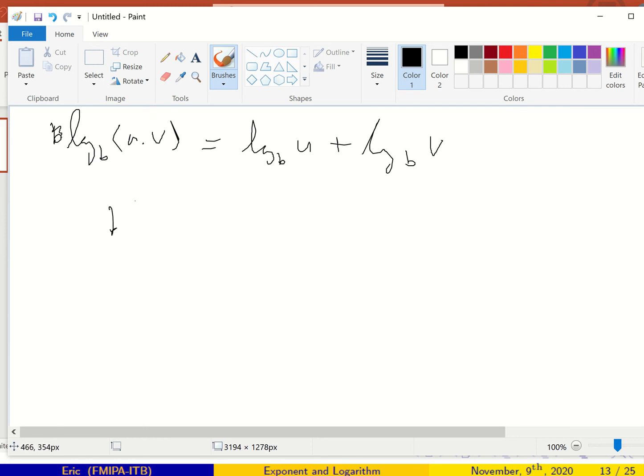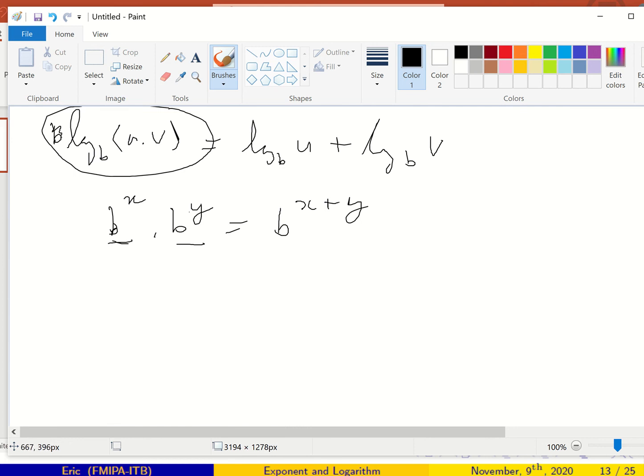This is the same as b to the x times b to the y equals b to the x plus y. When we are talking about this, I have a multiplication with base b. This is u, this is v.